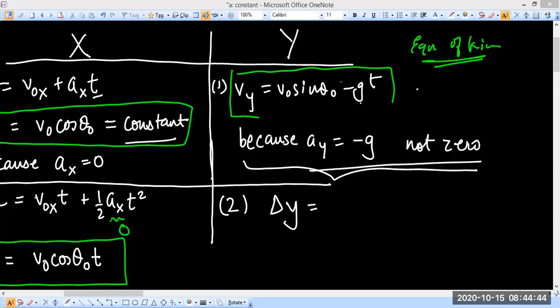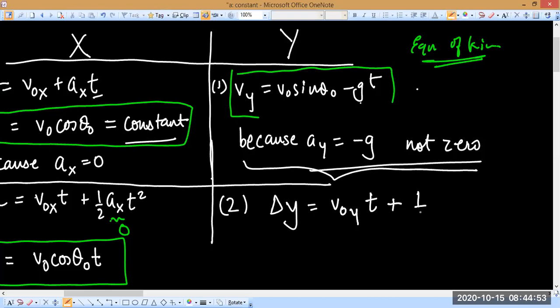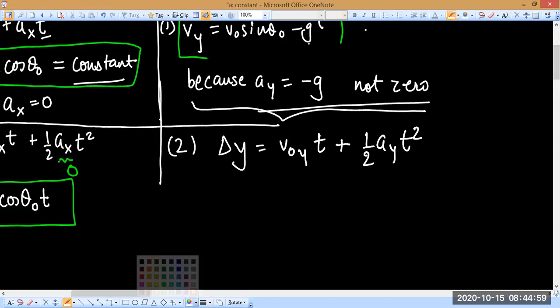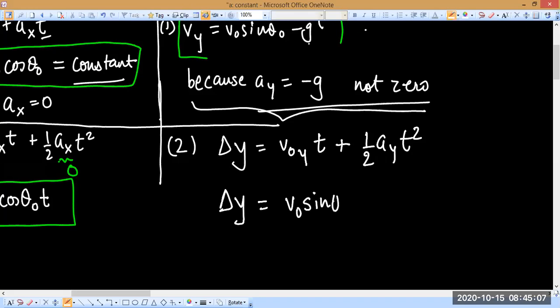Okay, now I'm writing the answer. The steps: first of all, v0y t plus half ay t square. This is the formula. Now we put values in the formula. So we get delta y is equal to v0 sine theta 0 t, and ay is minus g, so plus minus will become minus.